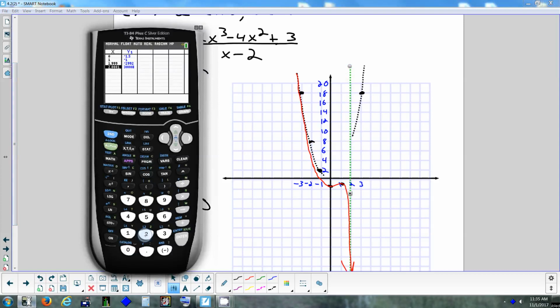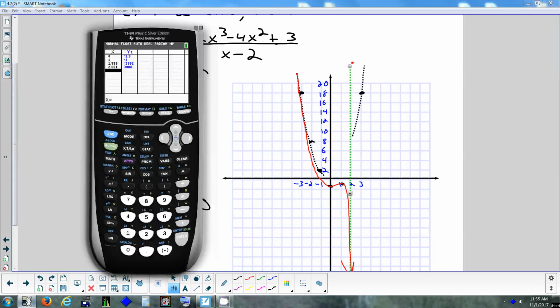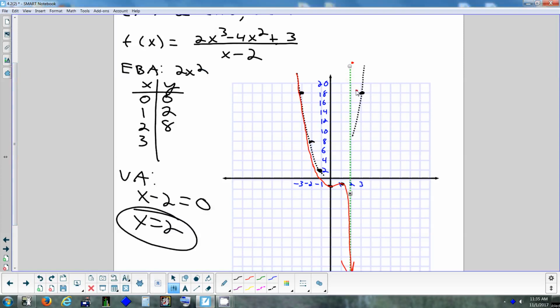So let's check 2.01. Okay. Just after 2, I'm way up at 3,000. So my graph is up very, very high. Let's check 2.5. At 2.5, I'm at 18.5. So about right there.